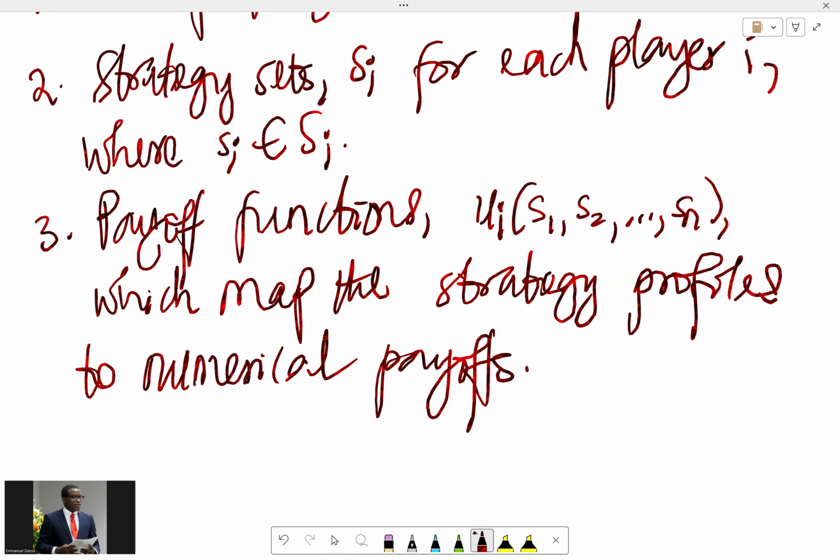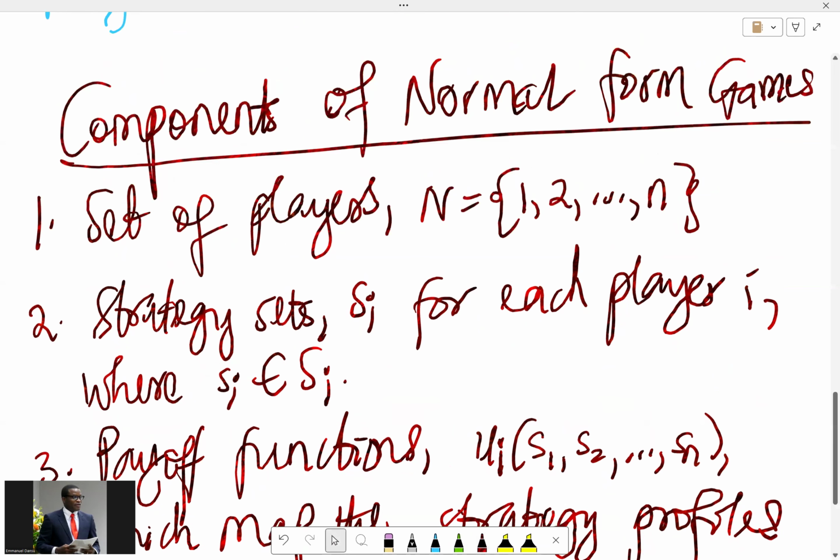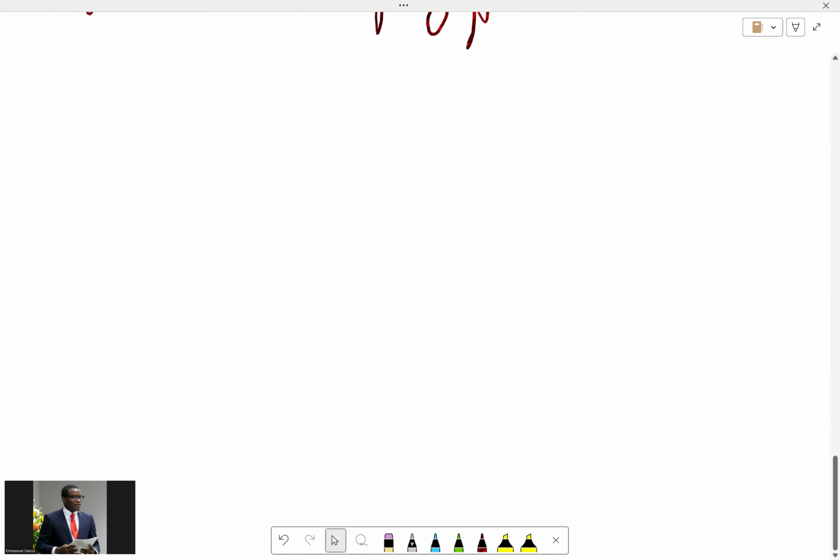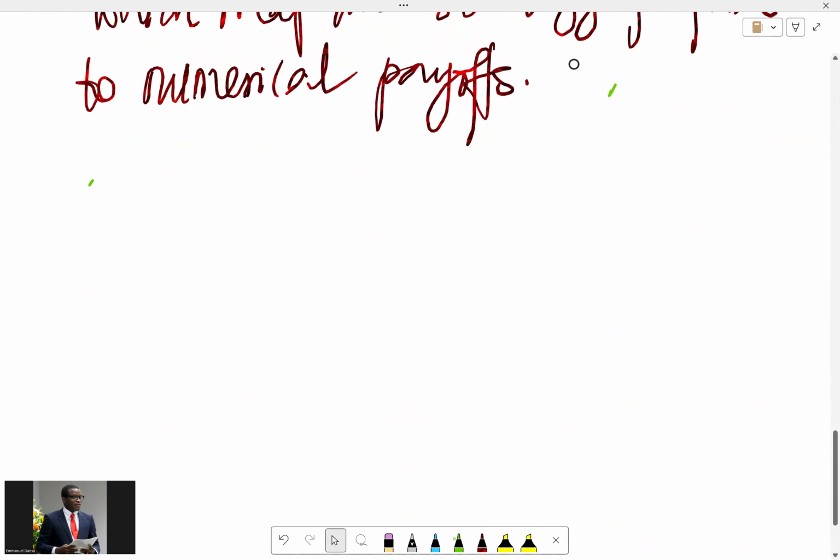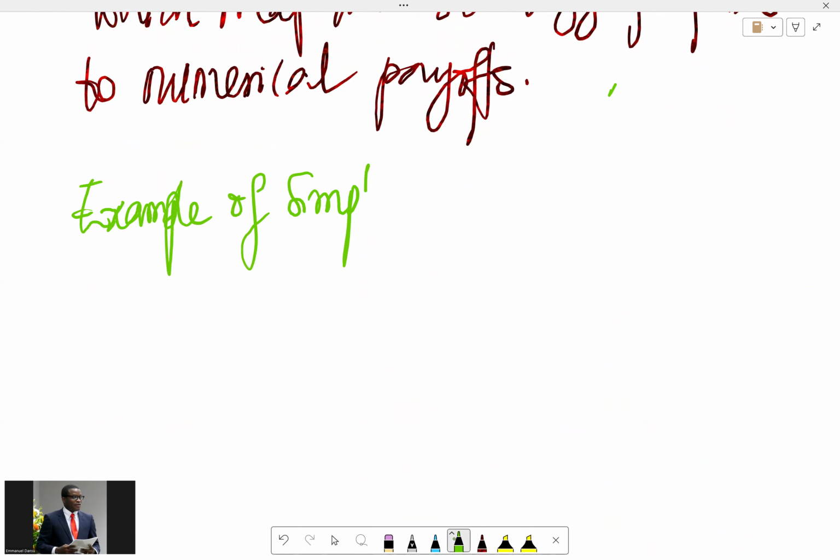Okay. Now, let's look at an example of simple games. Here, we focus on the prisoner's dilemma.